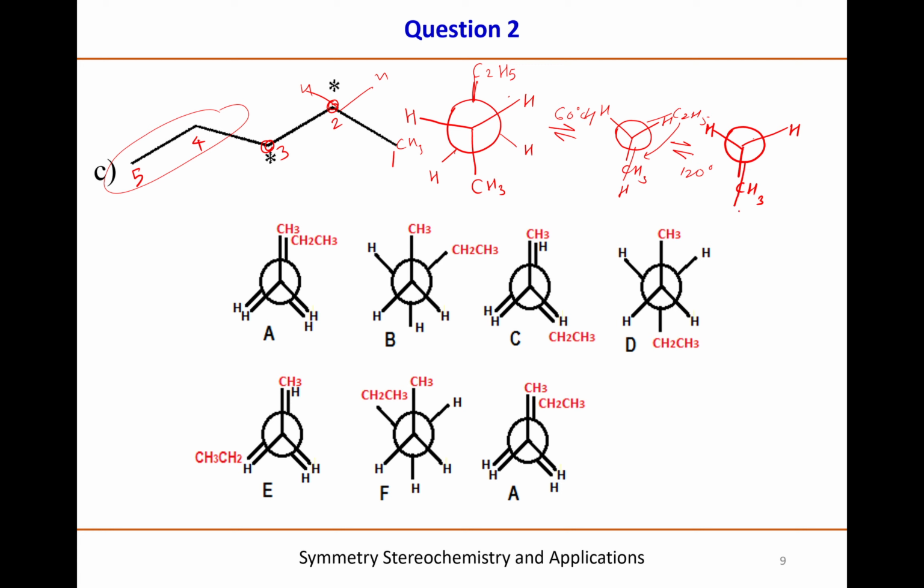After the rotation, it becomes a situation with H and H. Okay, so this is called anti-periplanar. Okay, now again I have to convert this into another eclipse form.